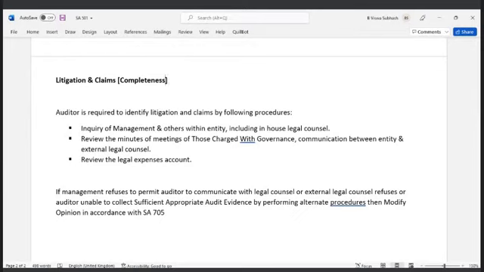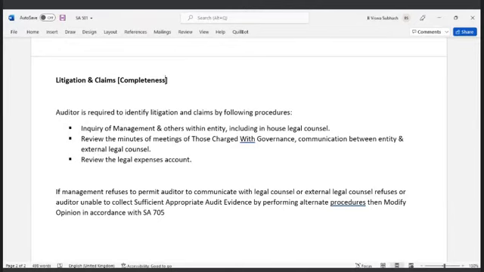When you are talking about completeness, you need to take into consideration all the possibilities, all the practical considerations, and then arrive at the provision amount or disclosure amount that needs to be there in the financial statements. Either it has to be a provision or it has to be a disclosure.